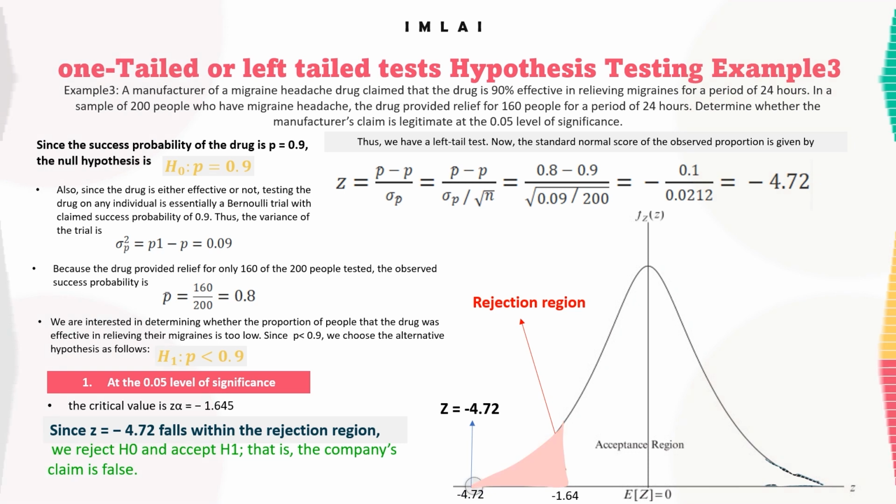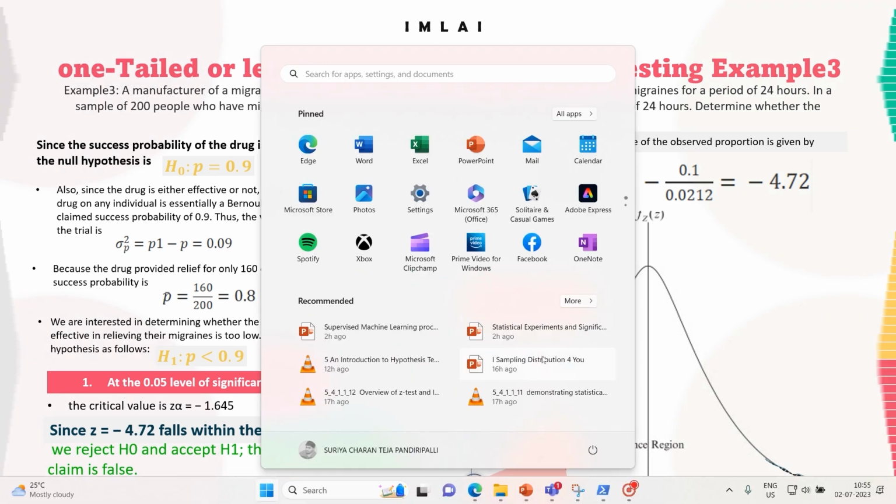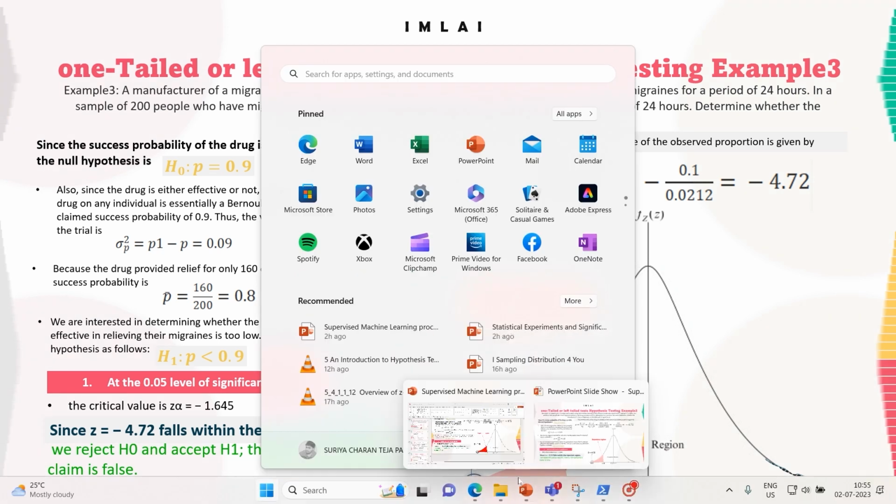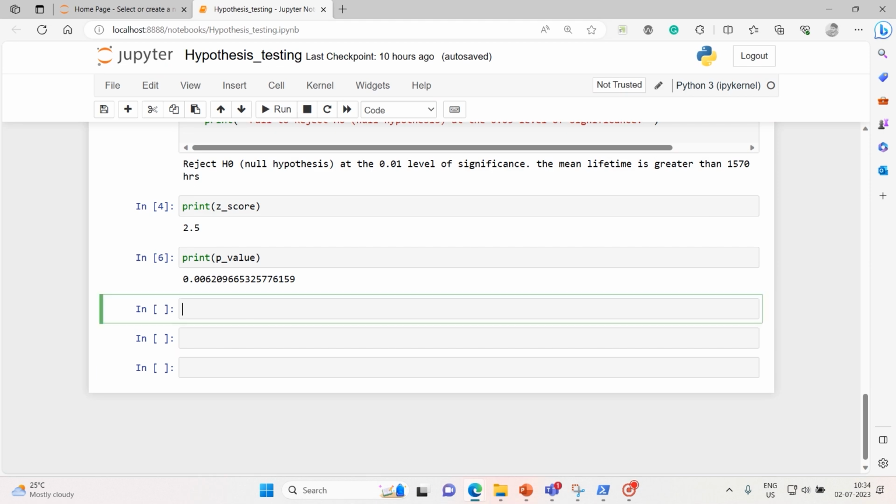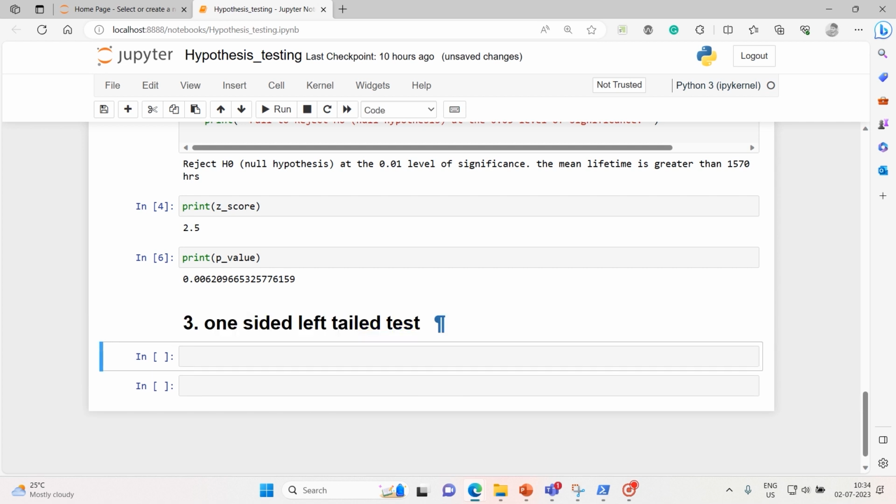Okay, now let's get back to the code. This time it's a one-sided left-tailed test.